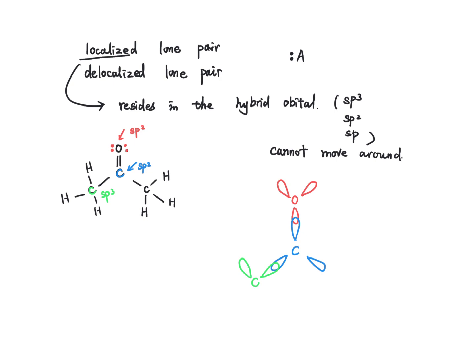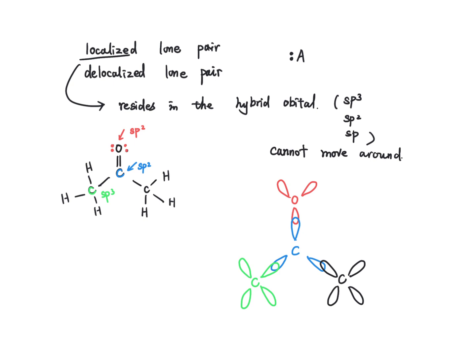And it will also have another three sp3 orbitals, and the same goes for the carbon on the right side. So it will form that sigma bond, and it will have four sp3 orbitals in total.